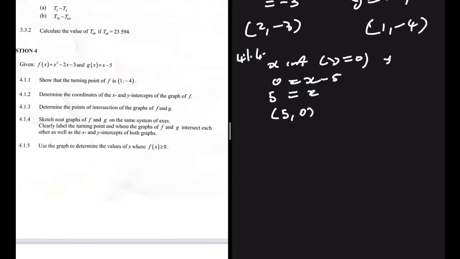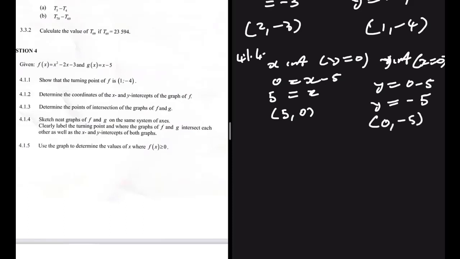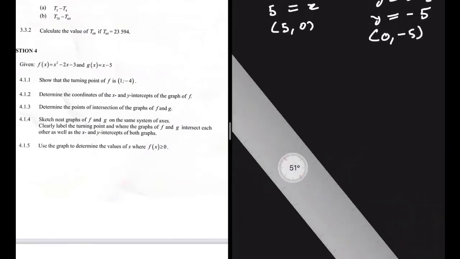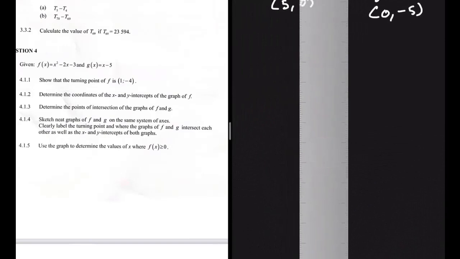For the y-intercept, we let x be equal to 0. So we have y being equal to 0 minus 5. So y is equal to minus 5. So that is our y-intercept: when x is equal to 0, y is equal to minus 5. I think now we have all we need. We can actually go ahead and sketch our function.